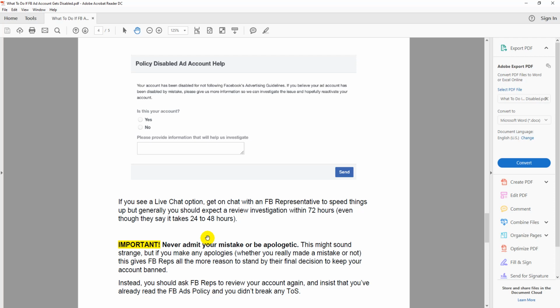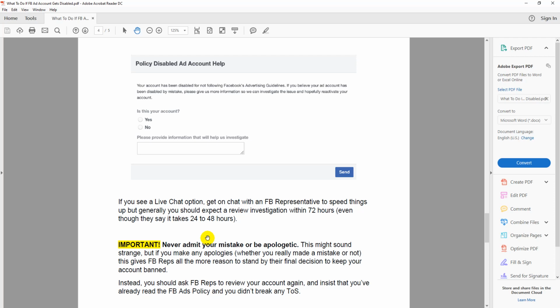Sometimes it could be your mistake for not complying with their ads policy. For example, if you're operating in a sensitive market like weight loss, and you're using words that are sensitive or don't comply with the Facebook ads policy, then they do reserve the right to permanently disable your account. At this point, you have no choice but to use another new ad account elsewhere with a different identity.